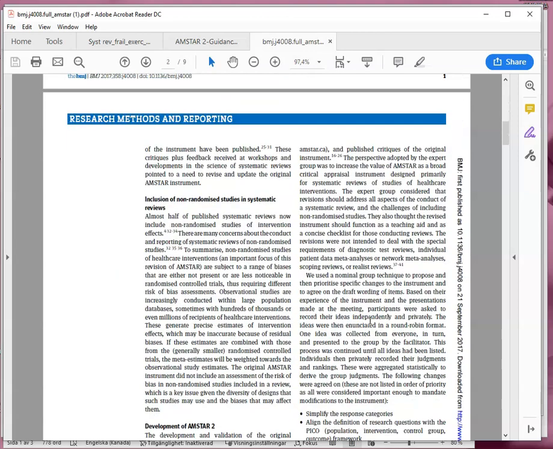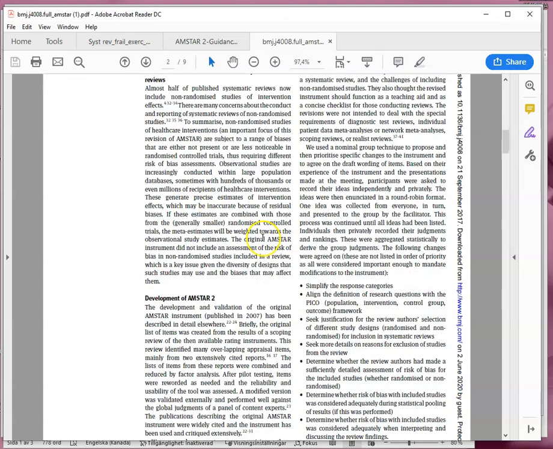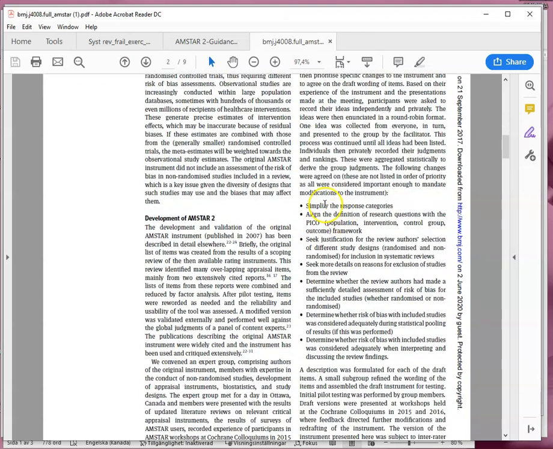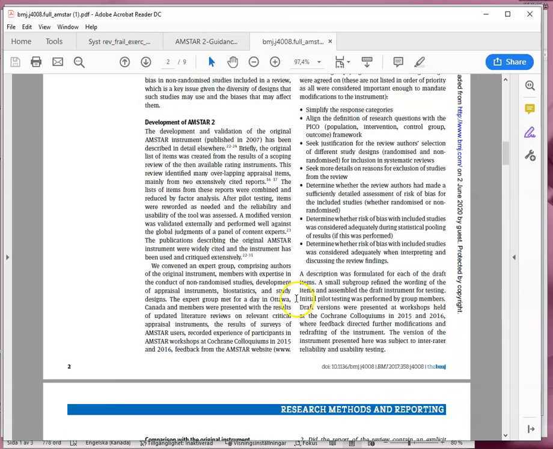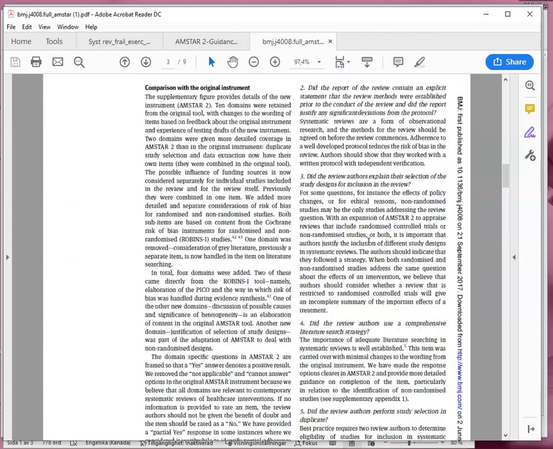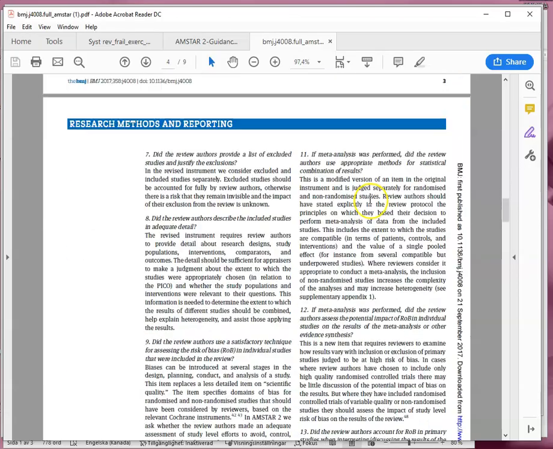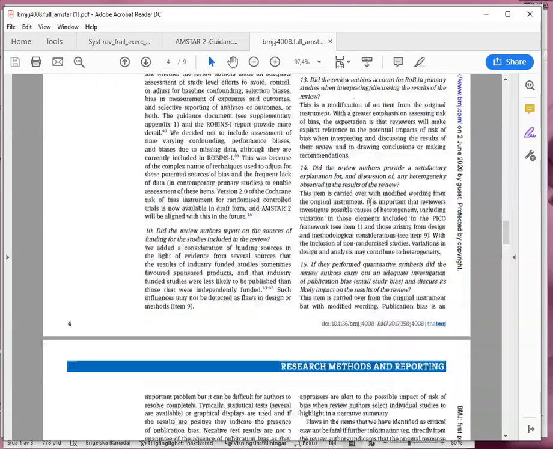But they found some concerns, so they changed it a bit: they simplified the response categories and also included meta-analysis. So they ended up with a specific tool, and in this paper you can see all the items and the explanation for the items, and I will go through those items.